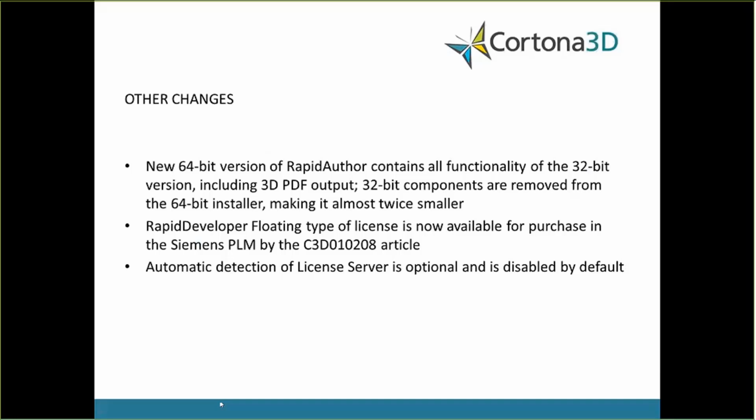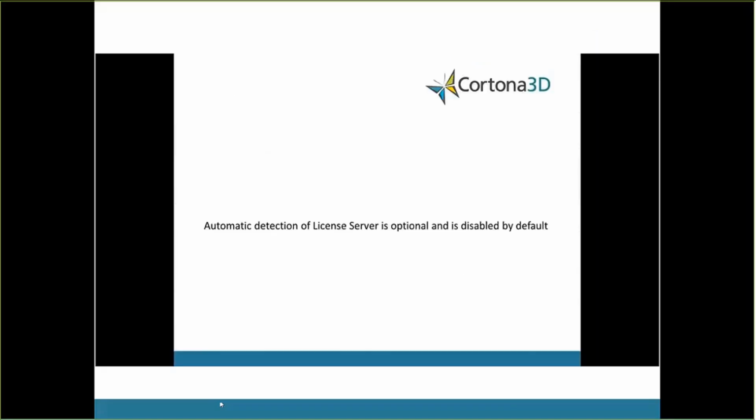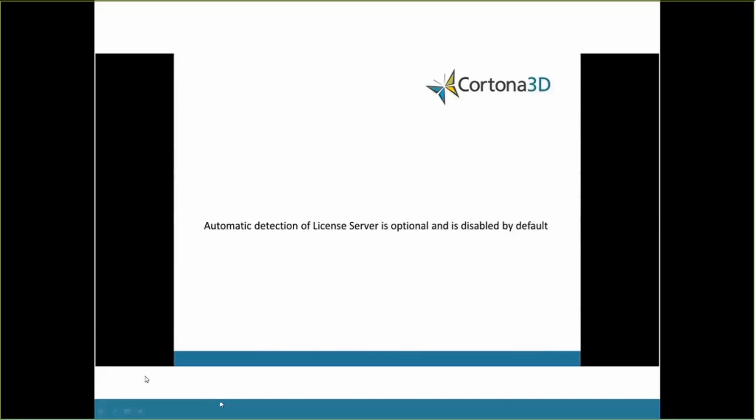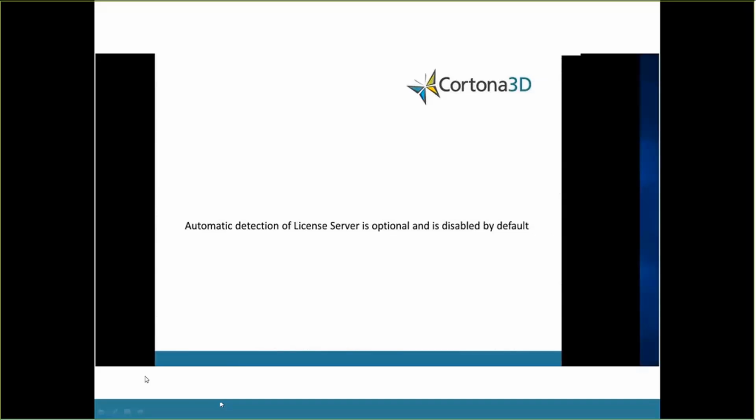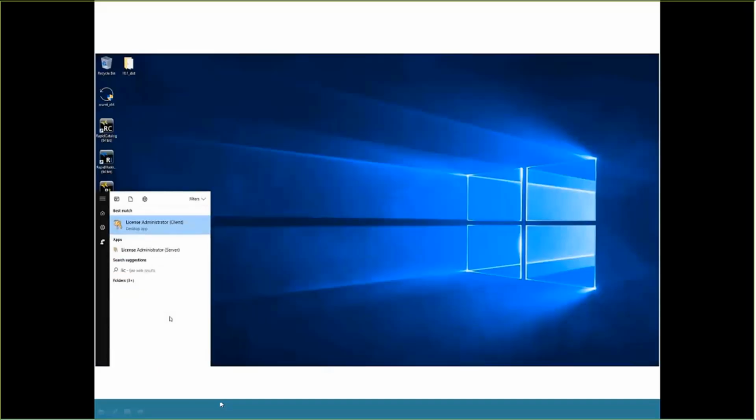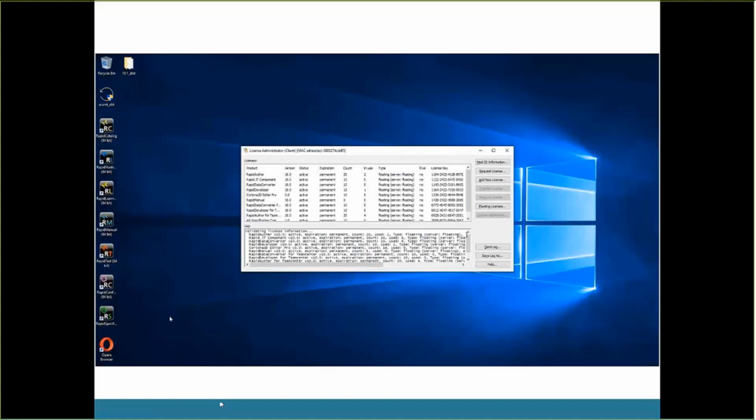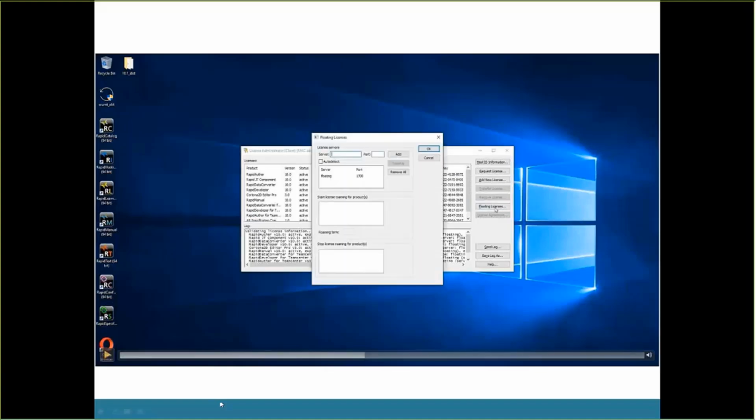We've also changed how the automatic detection of the license servers works. So if previously this option was by default turned on, now it is by default turned off. If we open our license administrator, we will see that we have a specific set of licenses for all of our tools, and we have a specific server specified from which to gain those licenses.